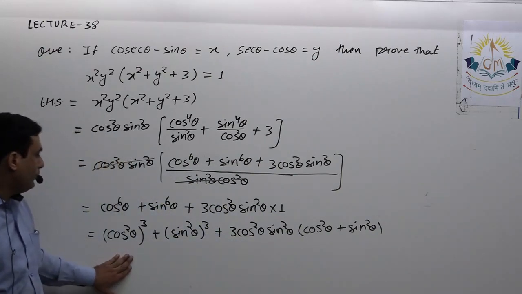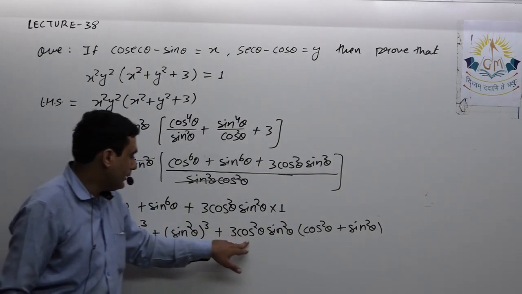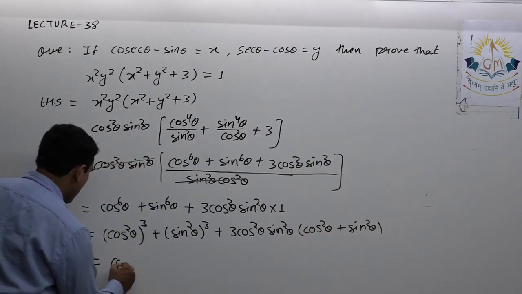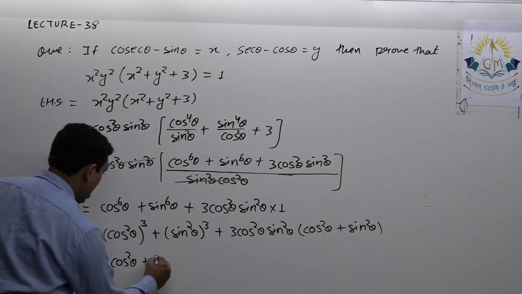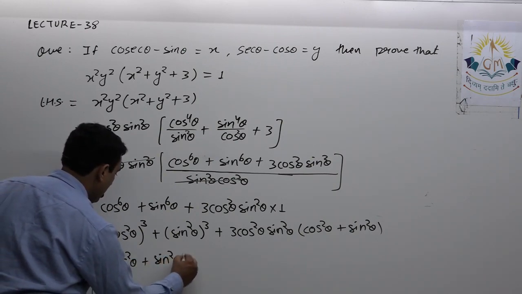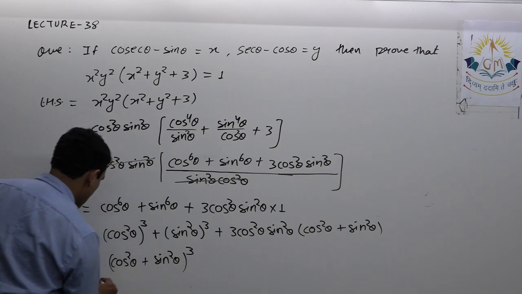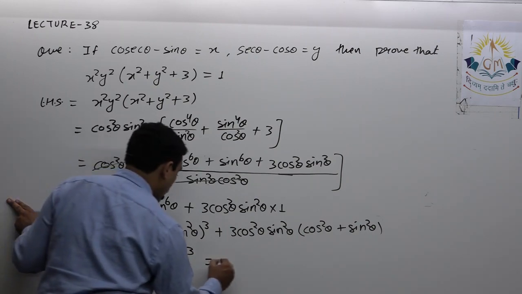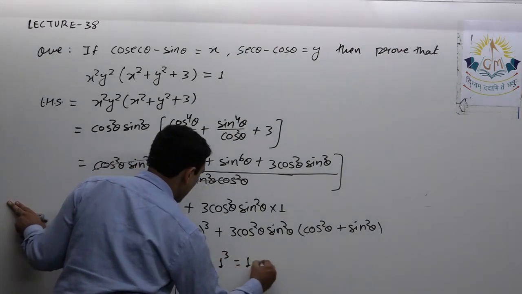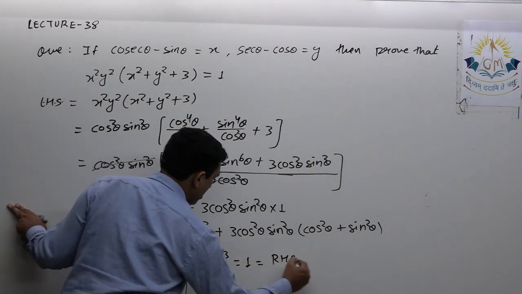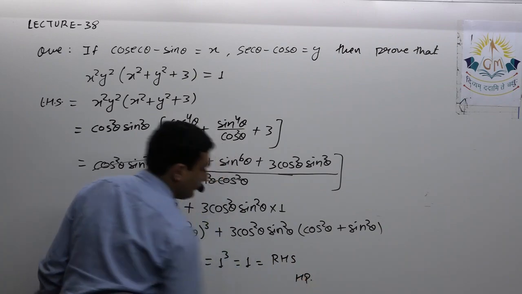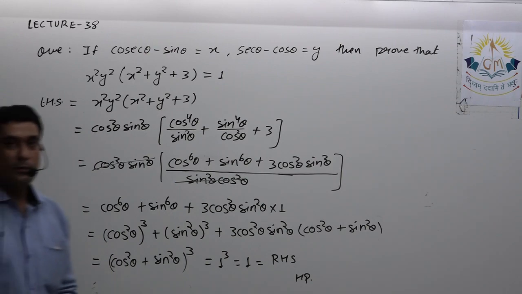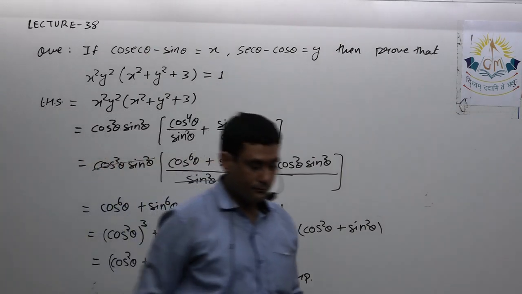So this is a cube plus b cube plus 3ab into a plus b, that is a plus b whole cube. So cos square theta plus sin square theta is 1, so that is 1 cube, that is equal to 1, that is equal to RHS. Hence proved. So please note it down, then we'll see the next question.